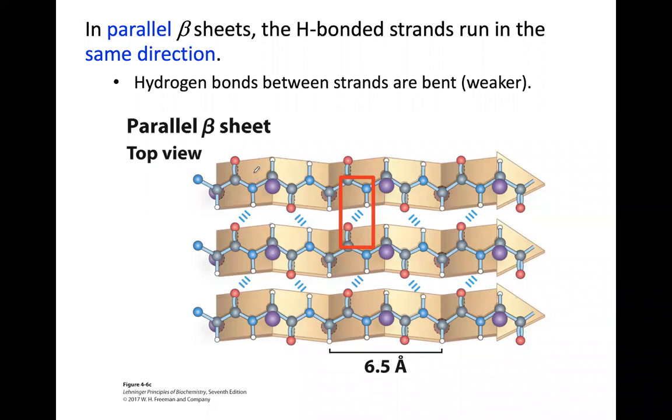So the amide group is like this. And the amide group is like this. And the amide group is like this. So that's why they call them sheets. So this amide group, through the NH carbonyl hydrogen bonding, will interact with another strand. This will interact with another strand, and so on and so forth.